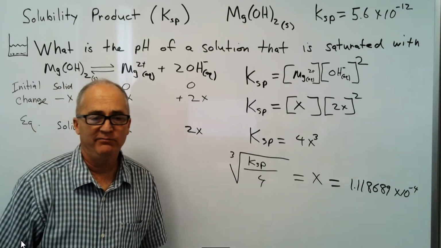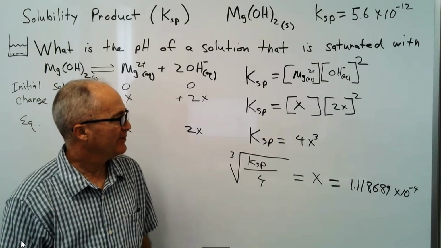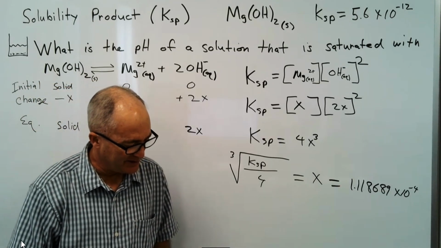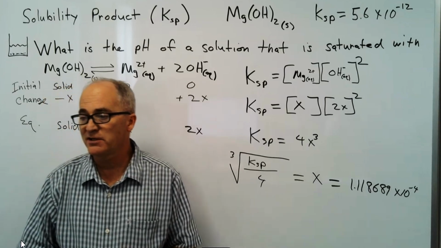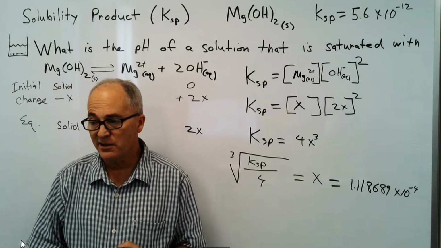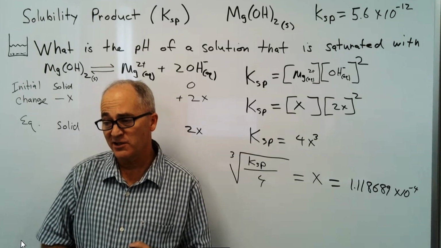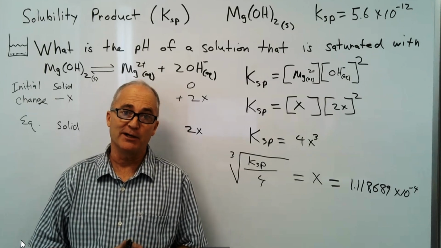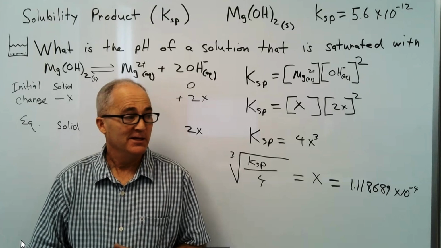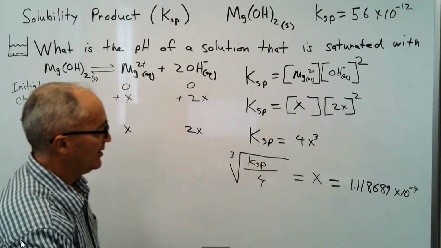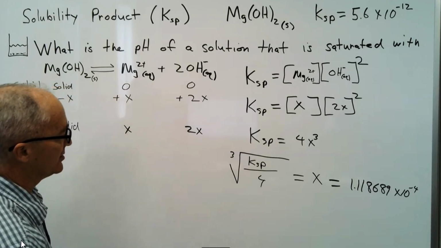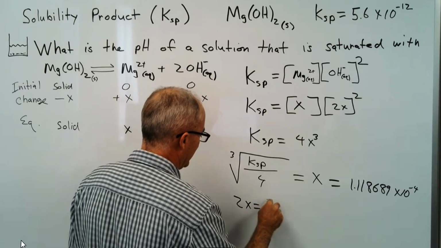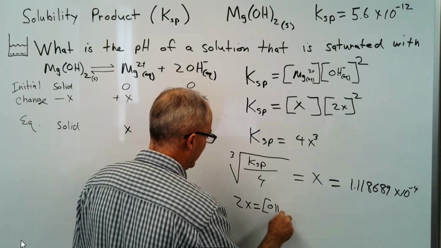So now there's a few little twists to make sure we get the right answer in the end. We want to know pH. Do we know presently hydroxide ion concentration, hydronium ion concentration, or magnesium ion concentration? Yeah, magnesium. So that is X equals magnesium ion concentration. So 2X is going to equal our hydroxide.